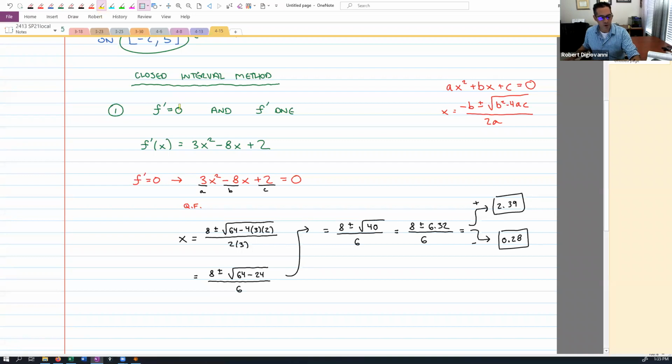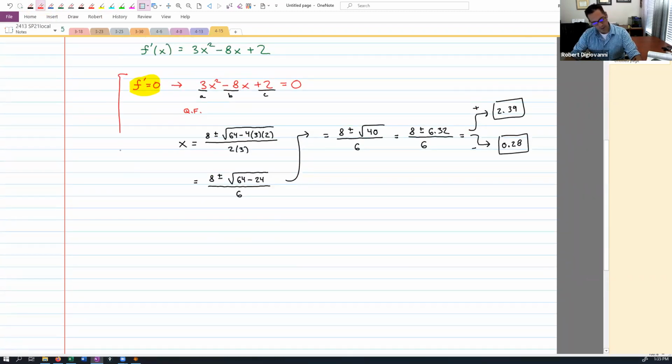We have done this part. We know where the derivative is 0. Now we need to figure out where the derivative doesn't exist. So that was, where's the derivative 0? Now, where does the derivative not exist?